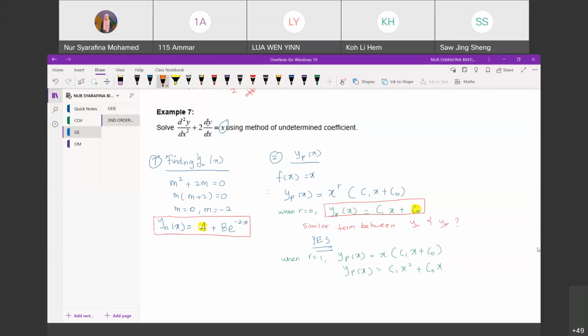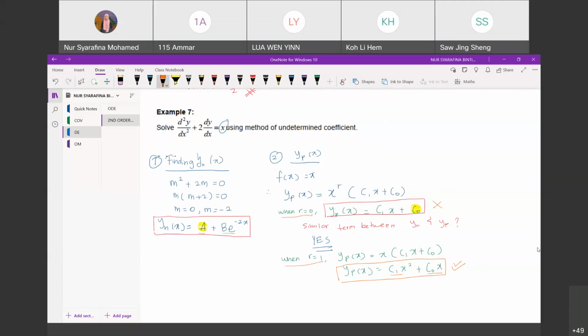This is constant, this is exponent. This is quadratic, this is linear. So no similar term. Then this is your YP, so we choose this as your YP. The previous one cannot be used. That's why you need to test the values of r.